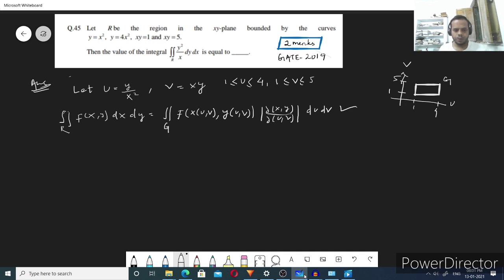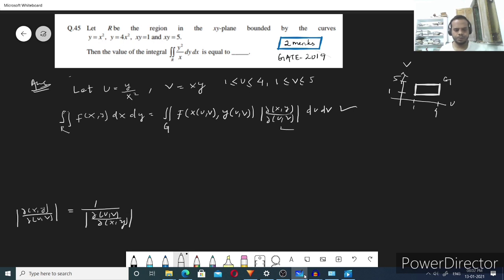I know the lower and upper limits of u and v. The main thing is that I have to calculate the Jacobian. So del(x, y) by del(u, v) in modulus equals the reciprocal of del(u, v) by del(x, y).